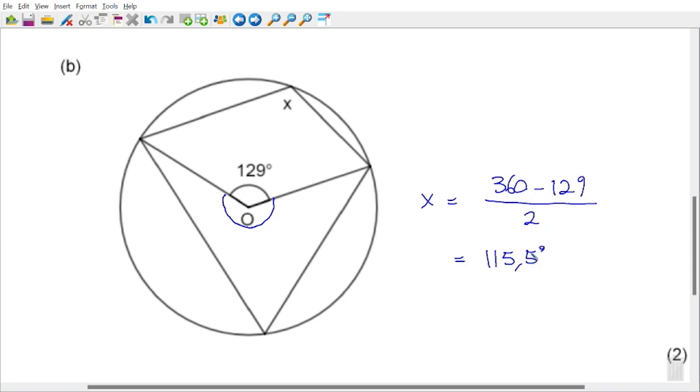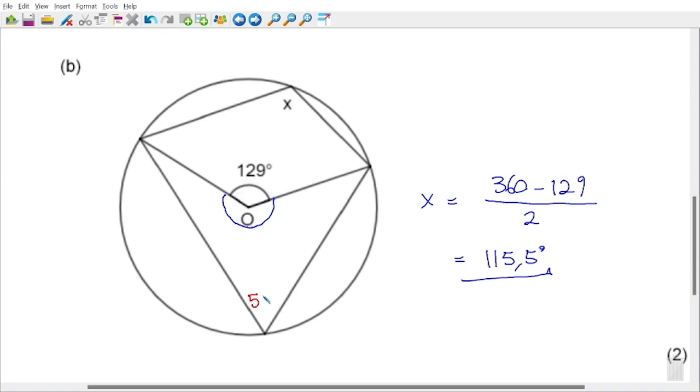115.5 degrees. Why am I dividing by 2? I'm dividing by 2 because of angle at center. Another way of working this out is to work out this angle over here. If this is 129, this will be half of 129, angle at center. It's helpful if you turn the diagram upside down to see that.